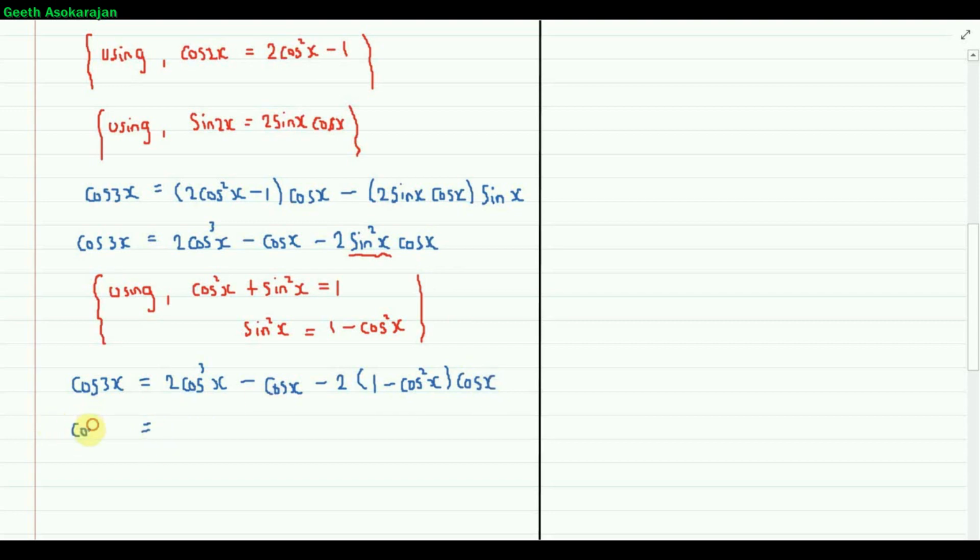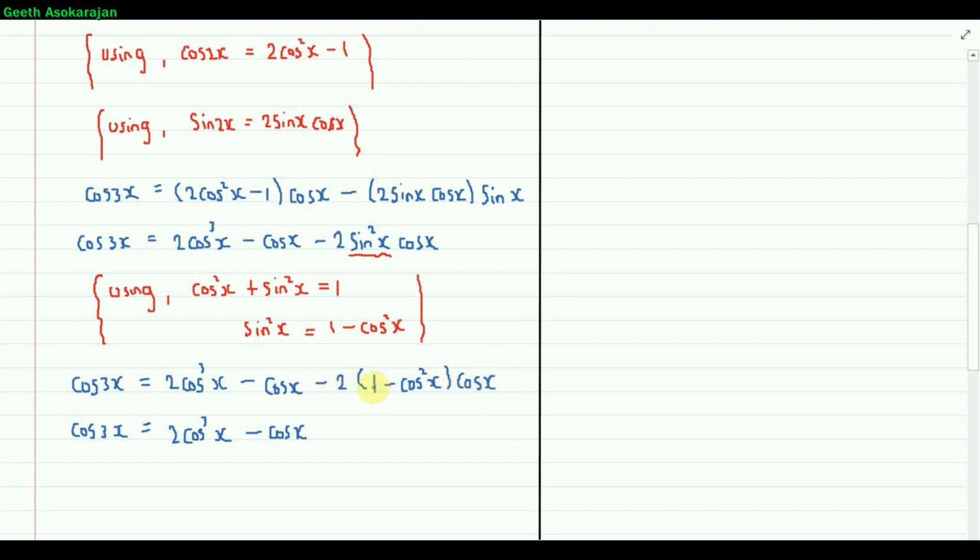Let's go one stage further. So let's tidy up the right hand side. If I get rid of the brackets firstly, I'll get 2 cos cubed x minus cos x minus 2 times 1, but don't forget this cos x term here.